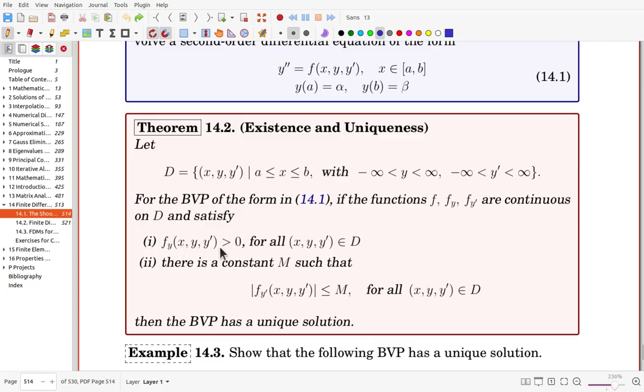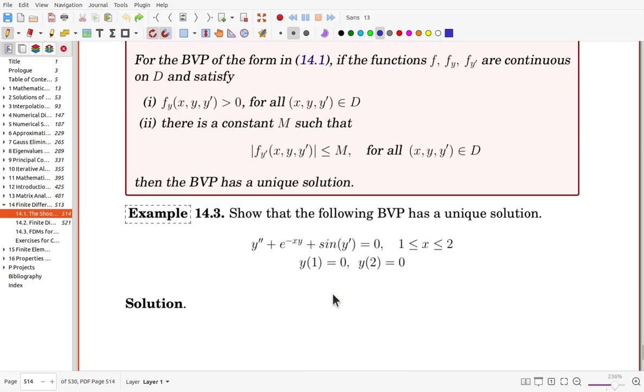The first condition is that the y-directional slope, f sub y, is positive, and f sub y' is bounded. Then the problem has a unique solution. That's the theory we'll use for solving this example.